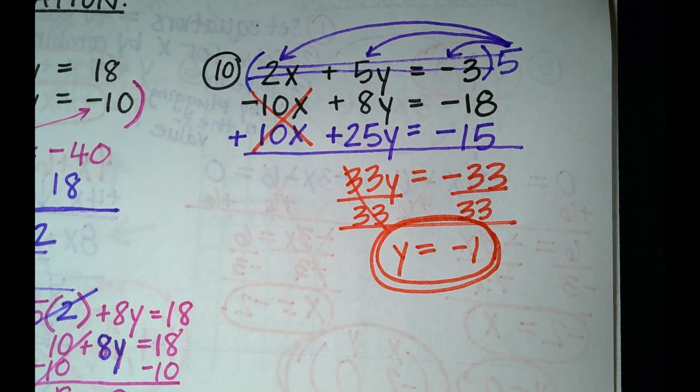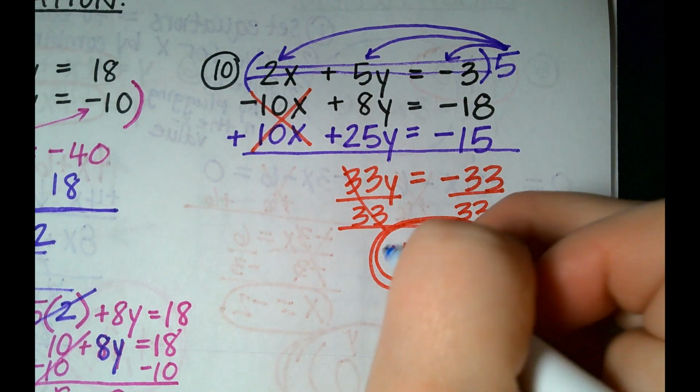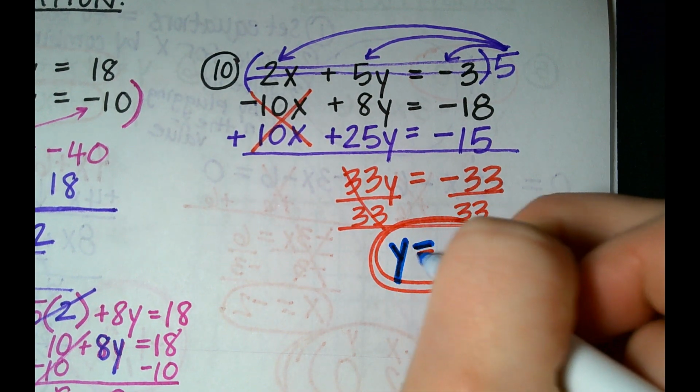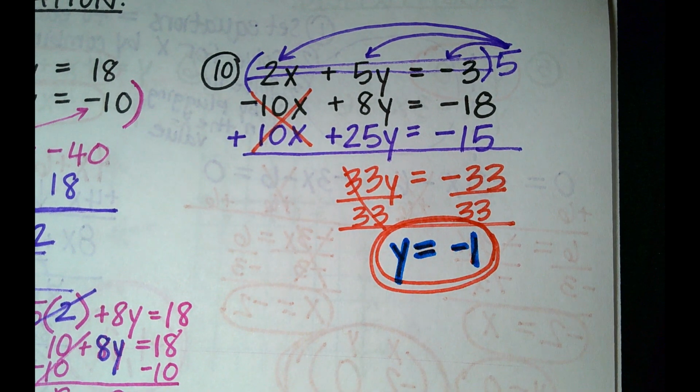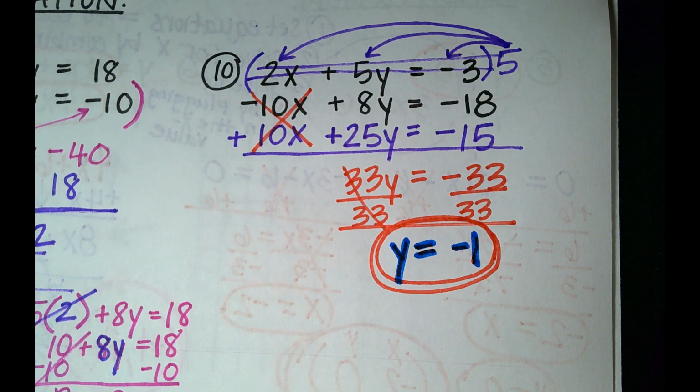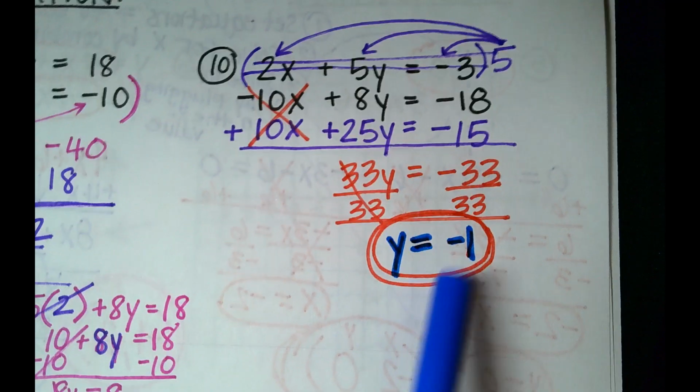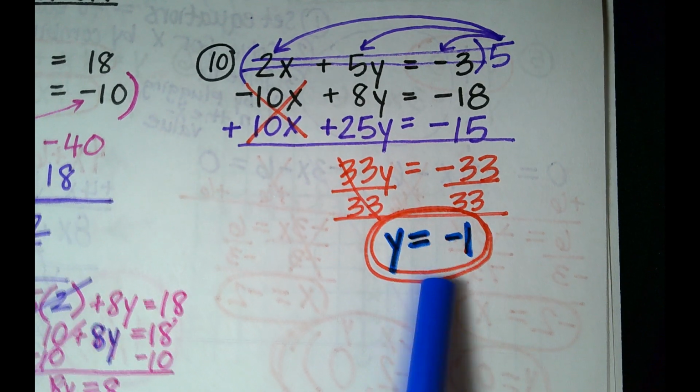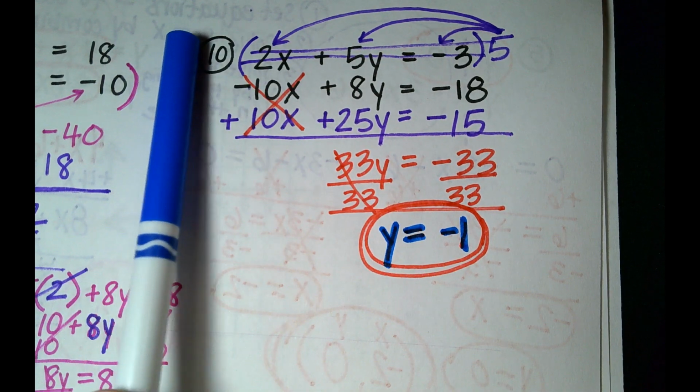Now be careful, because we have been so used to, in all the other problems, solving for x first and then plugging in our x value. What value did we just solve for, though? Y. So when I plug this into my equation, don't plug it in for x.